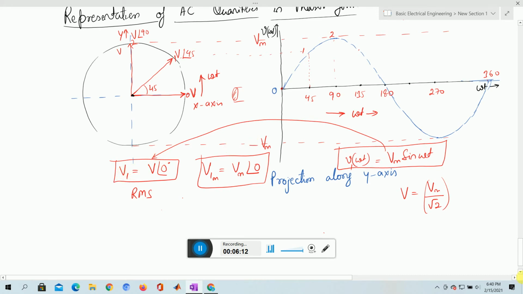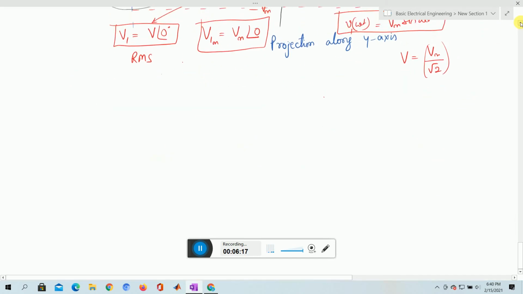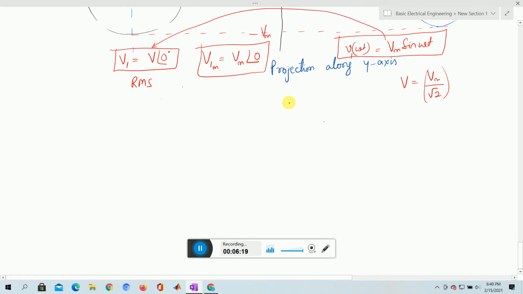So in this way, suppose we have an equation related to this, let us say V2 of omega t is equal to Vm sin of omega t minus phi. Then we can write V2 as the RMS quantity, and the RMS quantity of Vm is V, and that angle, instead of 0 degree, we can say is minus phi.